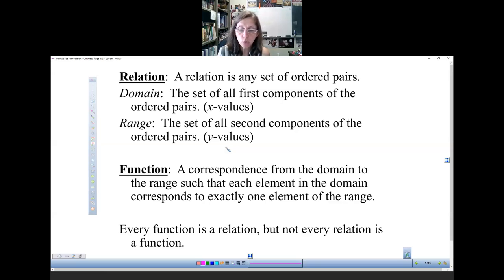So if you have a set of ordered pairs where two different ordered pairs both have an x value of 3, that's not going to be a function, because that 3 is trying to pair with multiple y values, and that's not cool. So in terms of being a function, you're not going to have repeated x values in your ordered pairs.